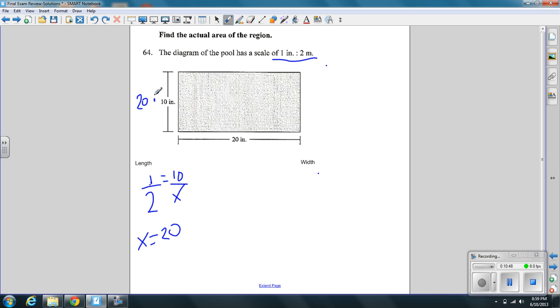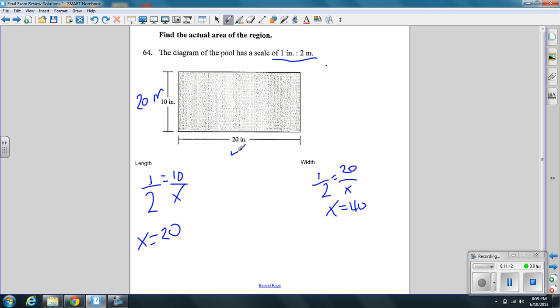So this side measures 20 meters in actuality. For the width, we take 1 inch to 2 meters, set it equal to 20 inches to how many meters? So 20 times 2 is 40, divided by 1, still 40. So x equals 40.